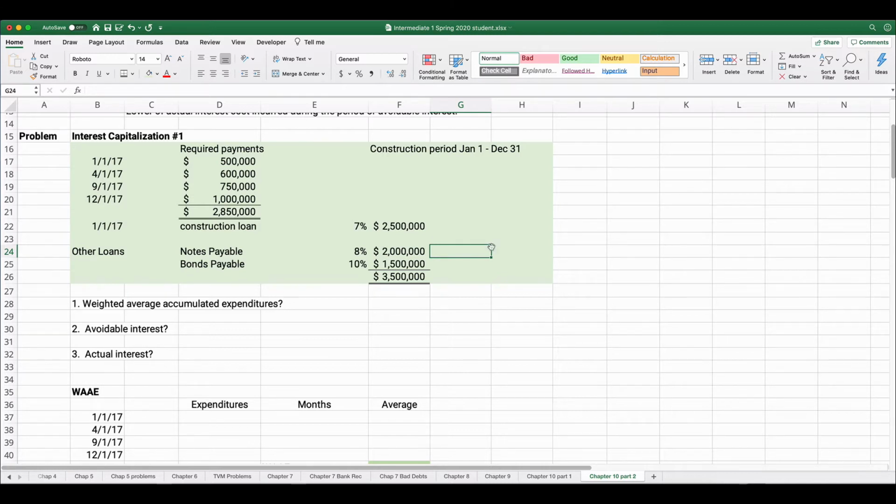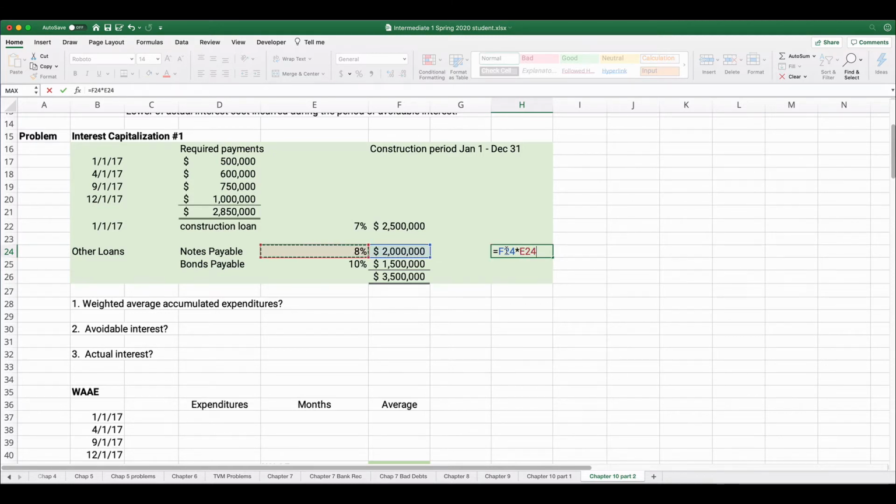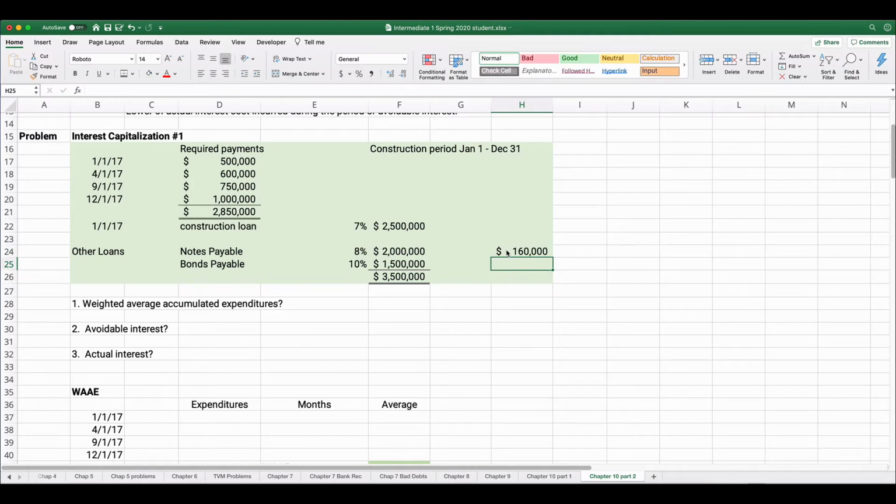If we take the 2 million times the 8%, we're going to get 160,000. And if we take the 1.5 million times 10%, we're going to get 150,000. So our total interest would be 310,000.